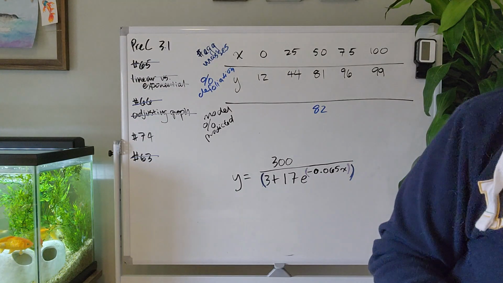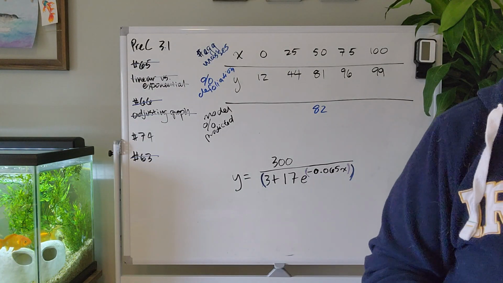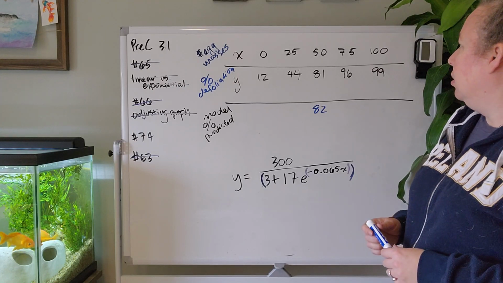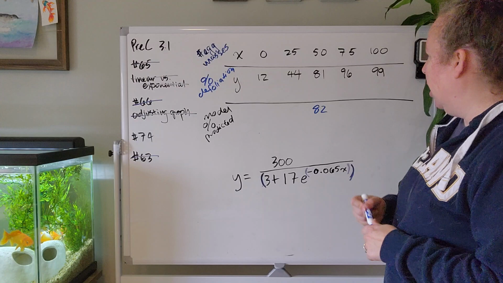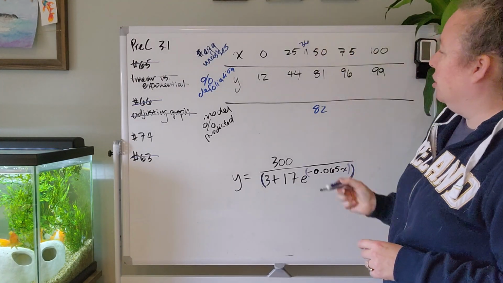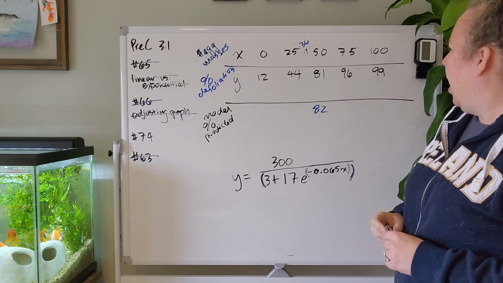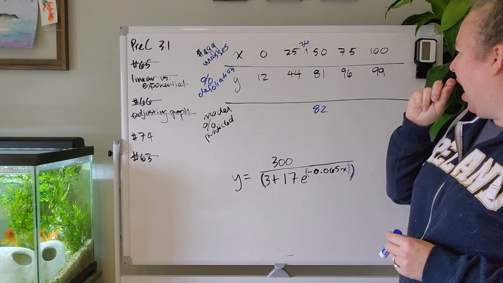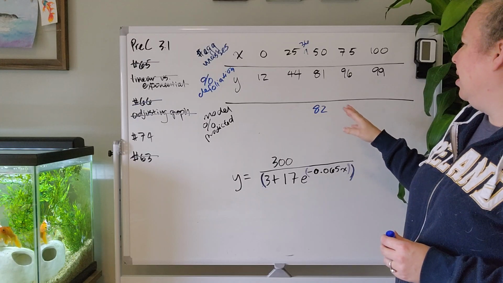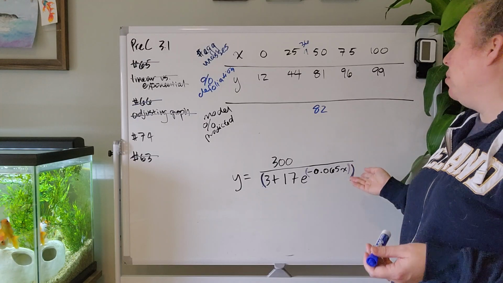Okay, so if we're going to estimate the percent of defoliation if 36 egg masses are found, well, we don't have 36 on the table. So 36 is in here somewhere. I suppose we could try to figure it out. Like, how far away is 36 from 25 versus 50?